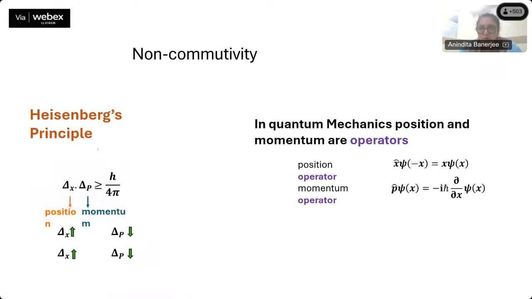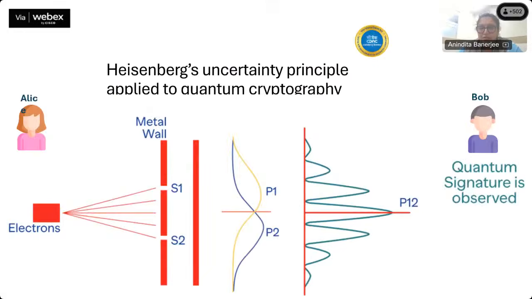So now here we again go to non-commutativity. Here we'll talk about position and momentum. We know that they cannot be simultaneously measured with certainty, and we will use this principle again. Let us try to understand this with a very simple explanation.